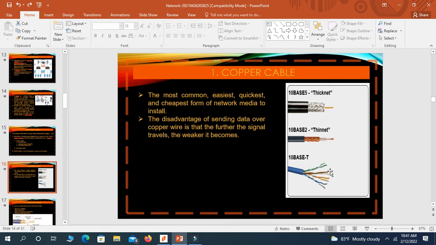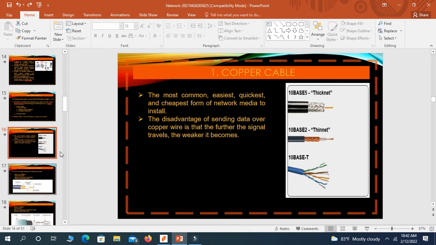It is the most common, easiest, quickest and cheapest form of network media to install. The disadvantage of sending data over copper wire is that the further the signal travels, the weaker it becomes. Yeah, it's true. This is one of the disadvantages of copper cable.